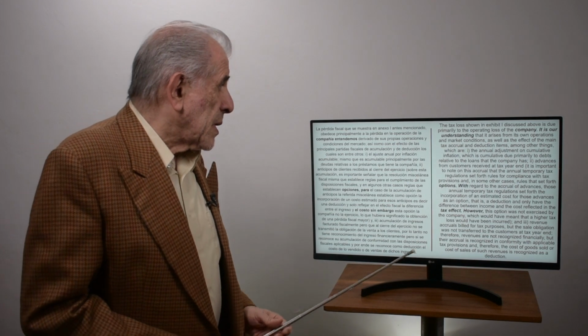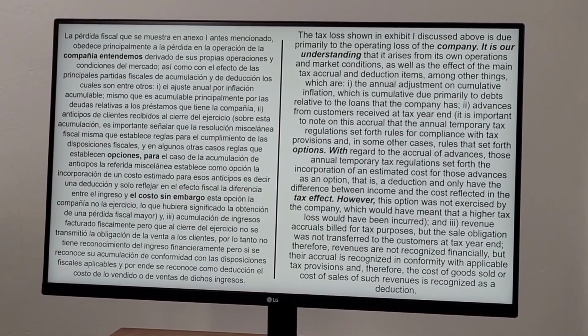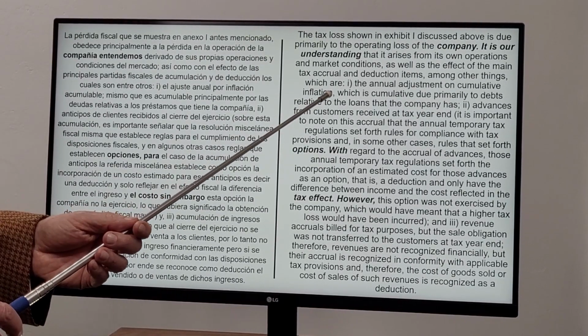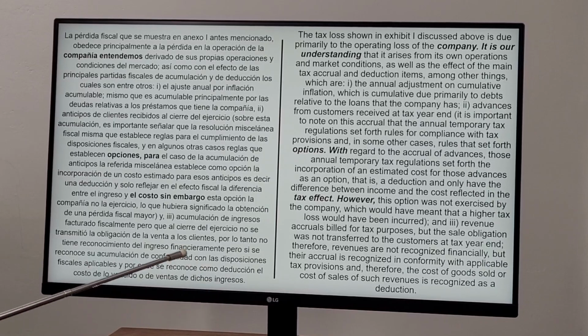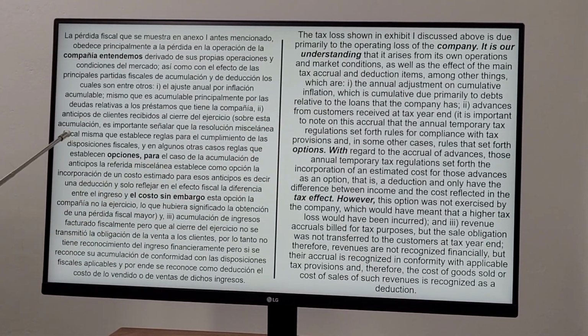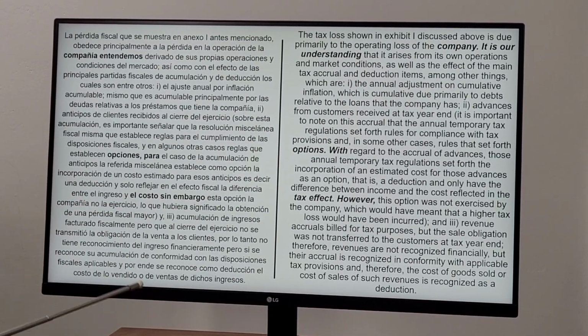We start with the annual adjustment on cumulative inflation, and again, they have a semicolon in Spanish. We only use a simple comma in English. Notice that mismo is translated as which is cumulative, due primarily to debts, deudas relativas, relative to the loans that the company has. Notice that at the end here, Spanish has a comma.